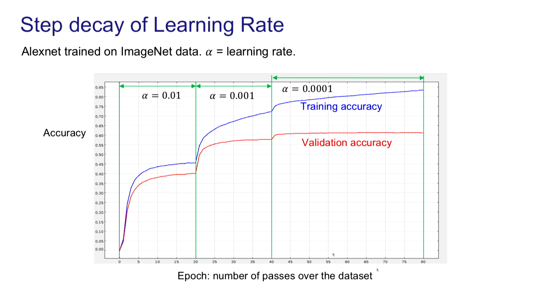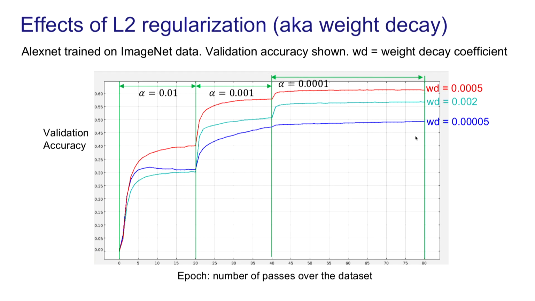It already really saturated at about 40% here, so it wasn't going to get any better than that, most likely. But dropping the learning rate by an order of magnitude lets it go way up to nearly 60%. And then dropping it again, it gets a little better, up to 62%. So that's very commonly done with vision-based networks.